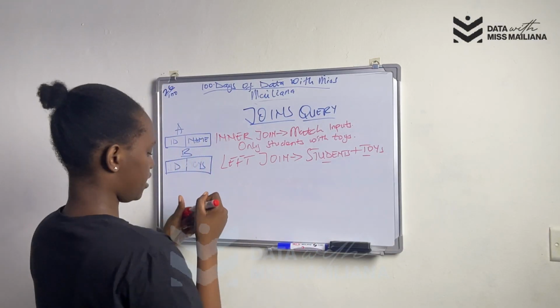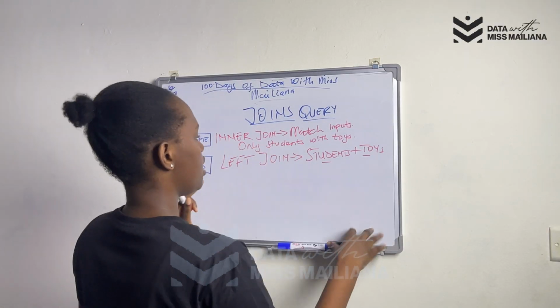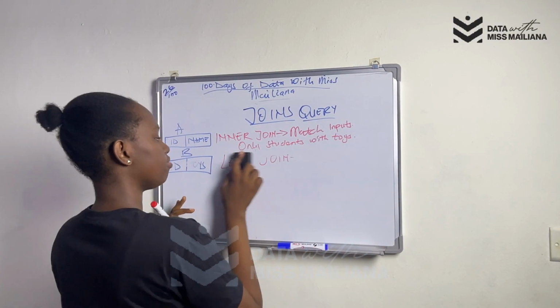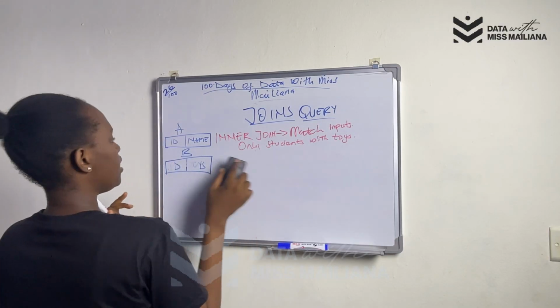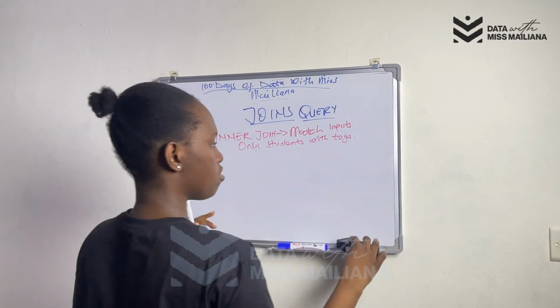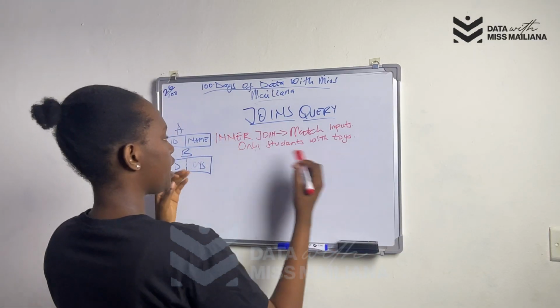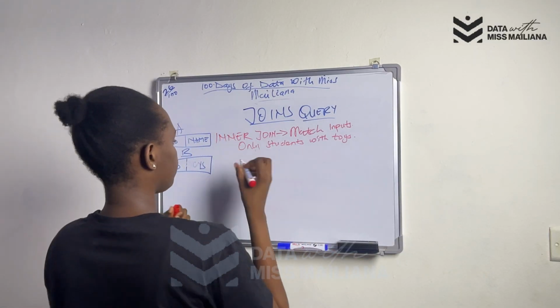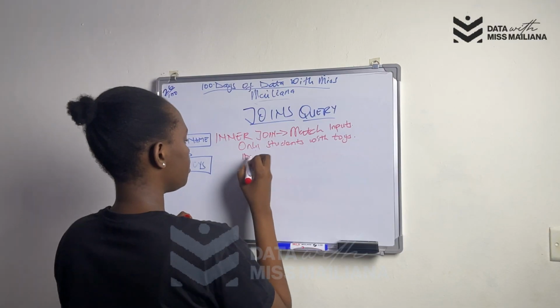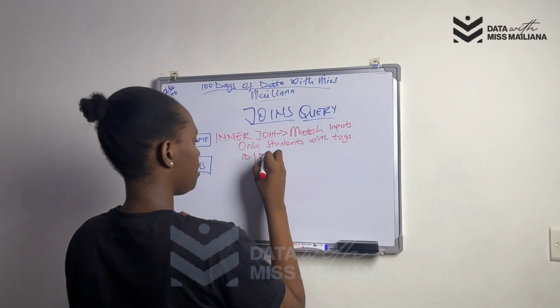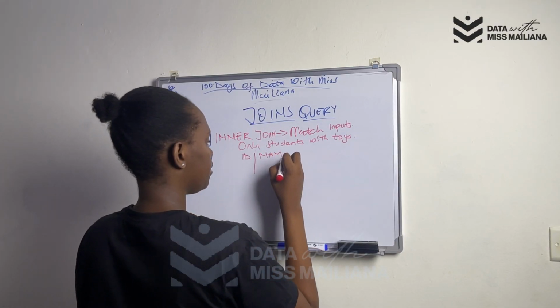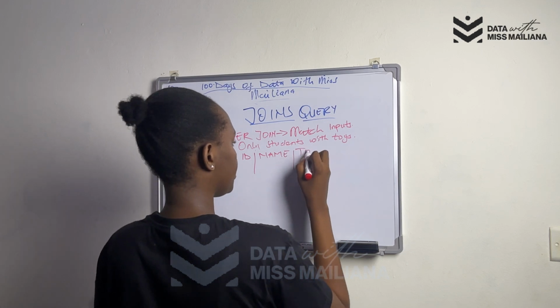Let's try to be more practical because you have the board. So with inner join, you're adding ID, name, and toy.